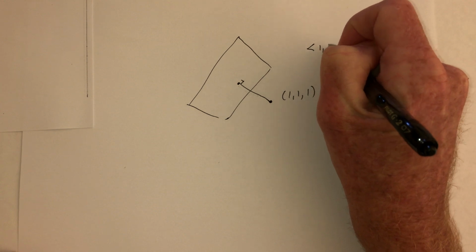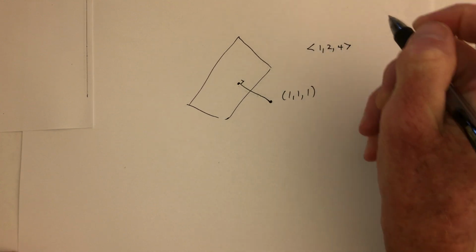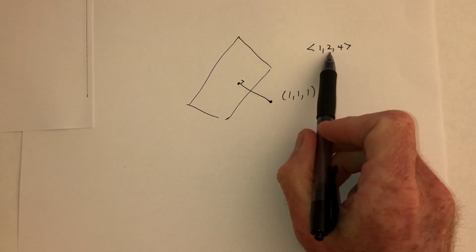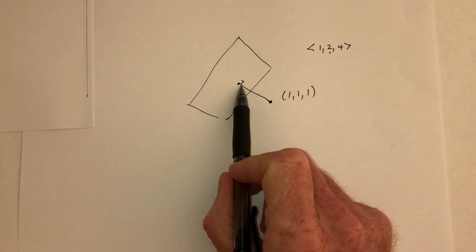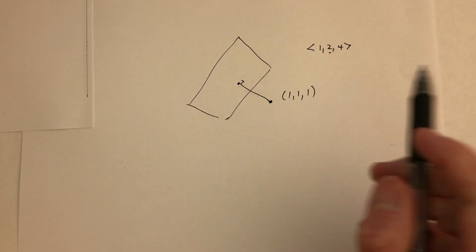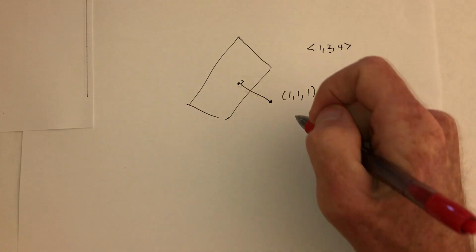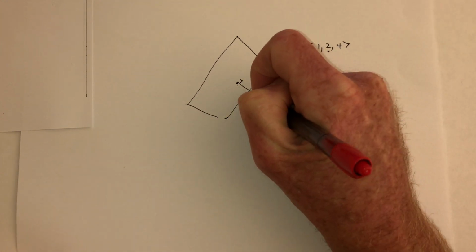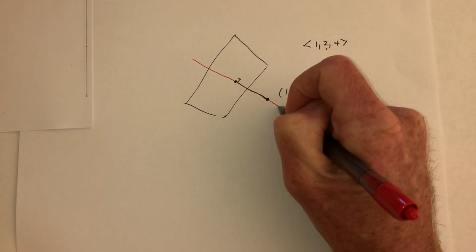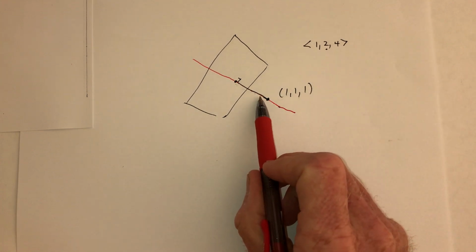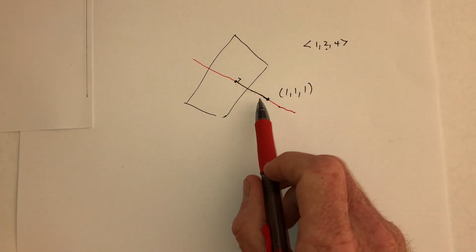The vector is 1, 2, 4. And if you have a vector and you need to be going in that direction, and you know a point that it has to go through, then you can create the line that contains that point and goes through that vector.